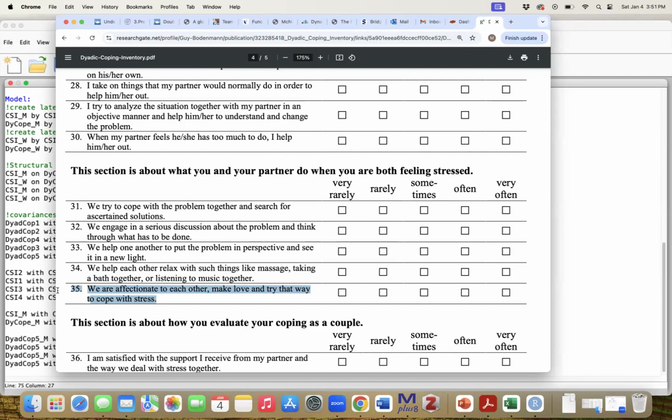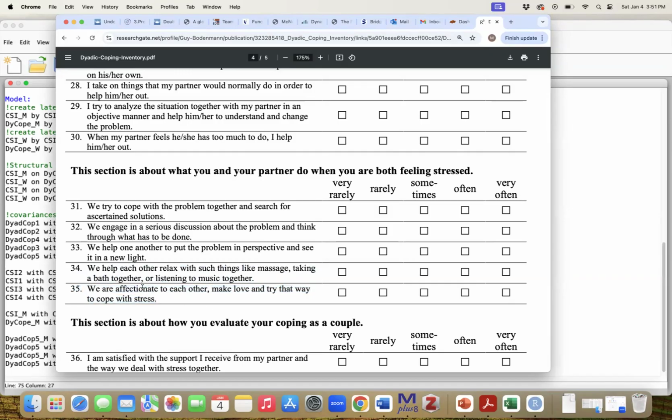That's just basic. We do that whenever we have dyadic latent variables anyway. Same thing with 34. But now I've added a covariance where 34 in men, this item right here, is going to be correlated with this item, number 35, in women. All right.